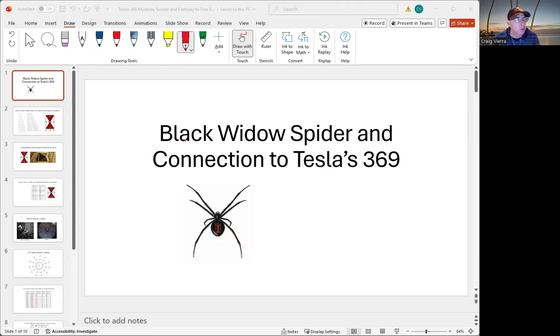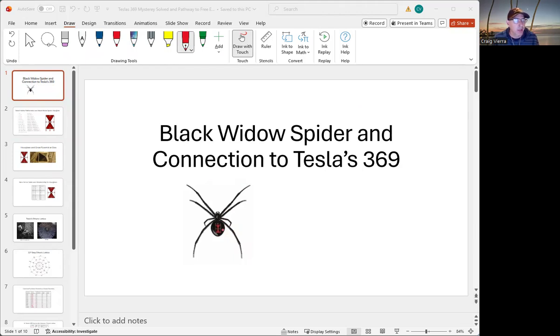And what I'm going to do is first just do a quick review here. I work on black widow spiders. This is shown here, a female, and the hourglass that's on her abdomen. And believe it or not, there is a connection.